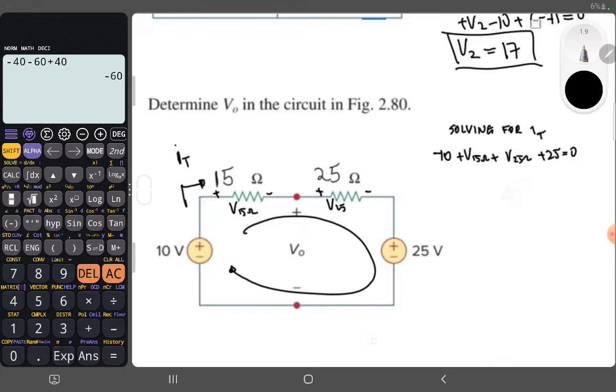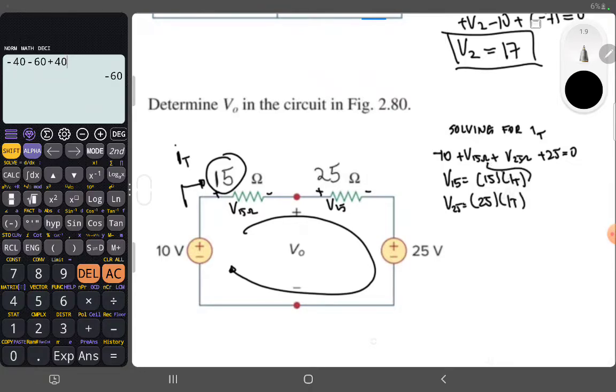Okay, but what is our V15? Take note that our V15 is equal to 15 ohms multiplied by the current entering to the 15 ohm resistor, which is equal to our I total. And our V25, of course, is equal to 25 ohm multiplied by the current entering to our 25 ohm resistor, which is equal to I total.